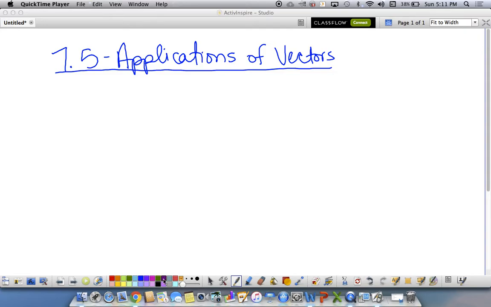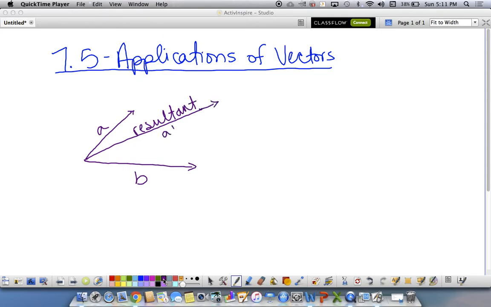We know that if you have two vectors and we add them together, we get a resultant vector. So we have a vector A, we have a vector B. When we add them together, we get the resultant vector, and that is A plus B. Today we're going to talk about the force, because all this is about force, the force of this resultant vector.